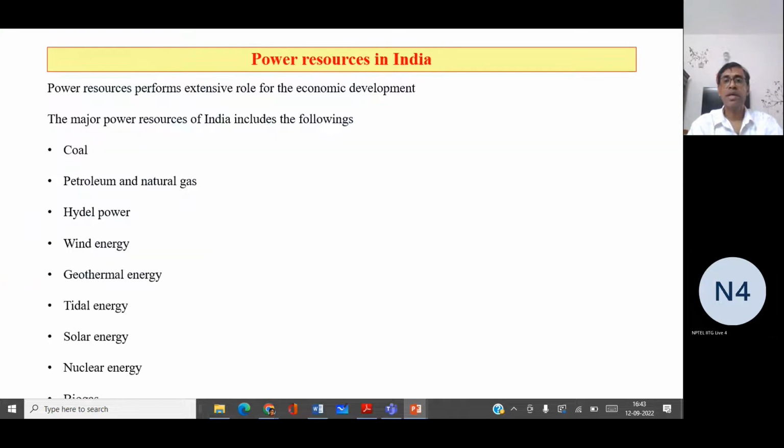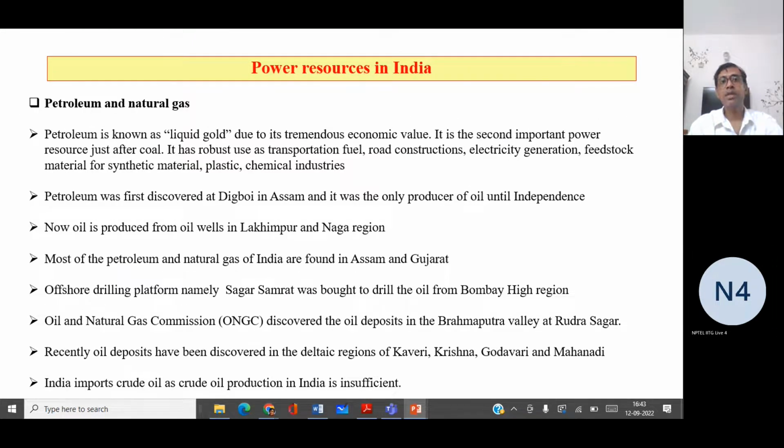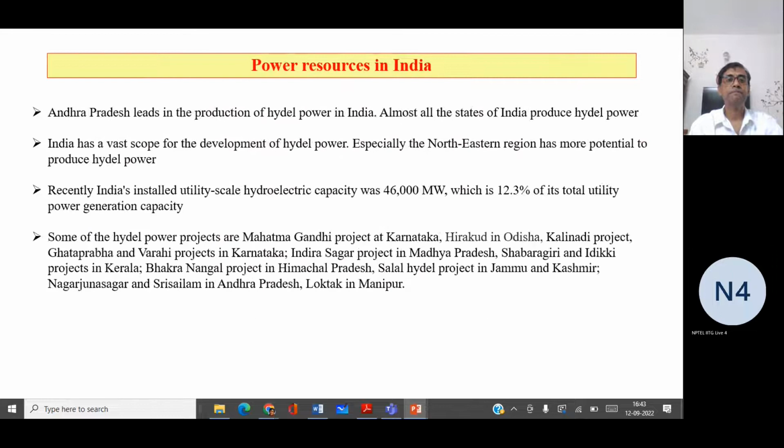So this also shows the richness of our natural resource base or endowment of our country. Then we talked about the power resources in India, various sources of power and their availability in our country.